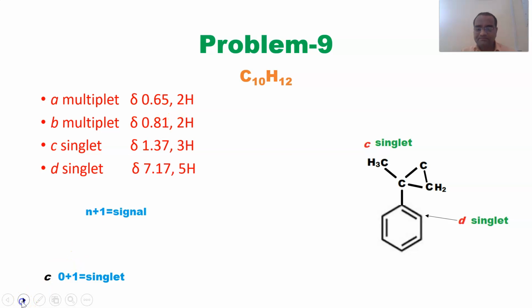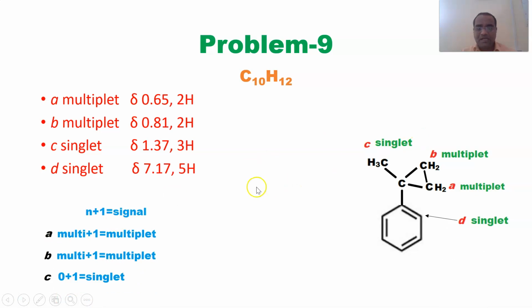As per the data given, and as per my opinion, there should be a common signal for these 2, but this problem is according to the book, and the book has shown a multiplet and a multiplet for these 2 signals. Both the protons are equivalent, but they are showing a multiplet. There should be only one common signal for these 2, I think it should show a singlet, but it is not showing.